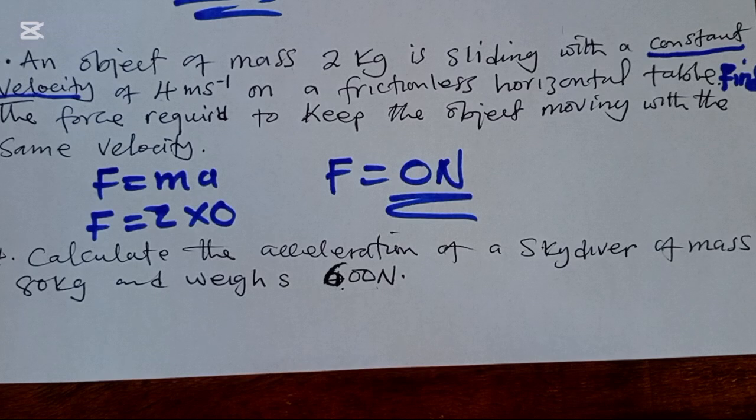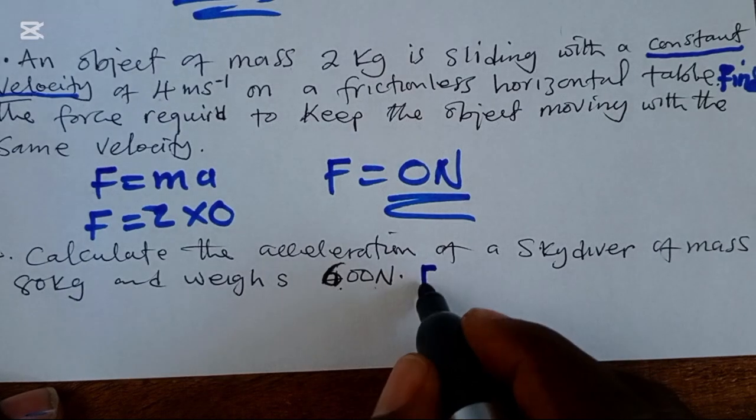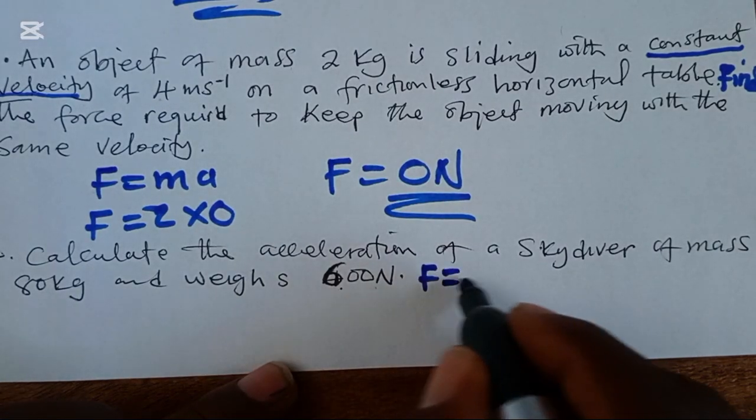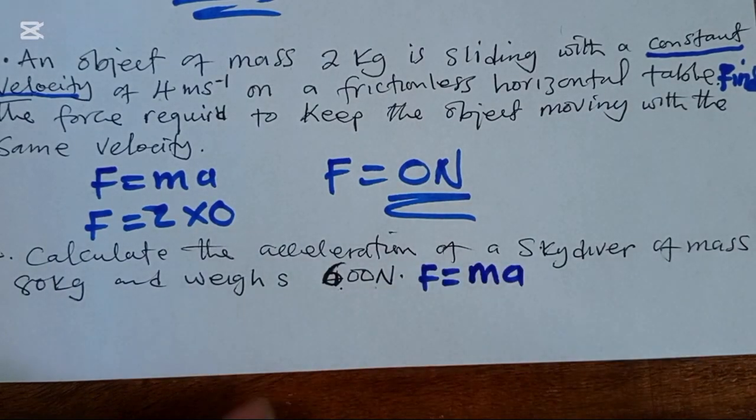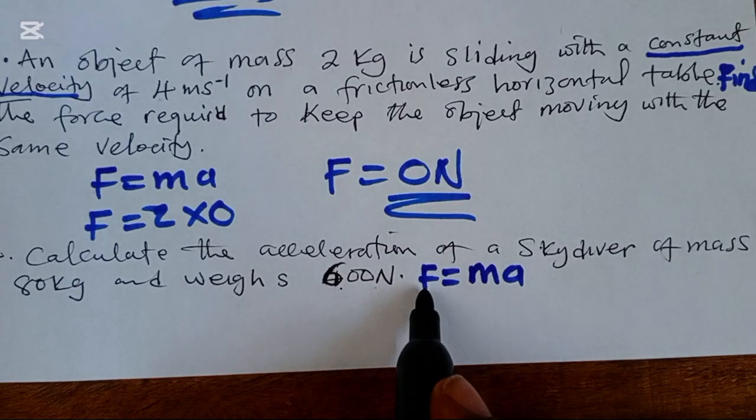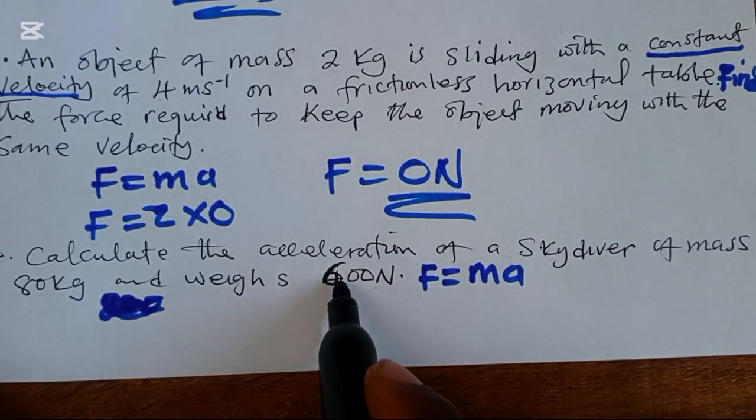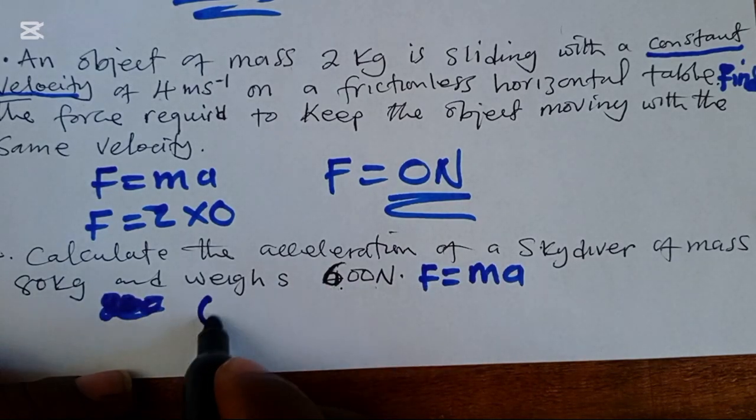Number 4, calculate the acceleration of a skydiver of mass 80 kg who weighs 600 newtons. So remember that force is equal to mass times acceleration. So force is given to be 600.